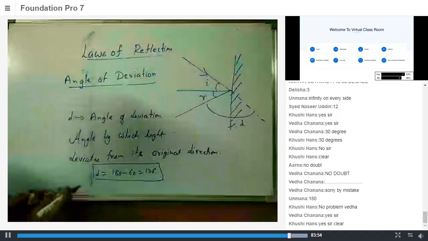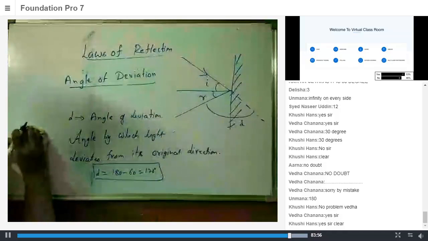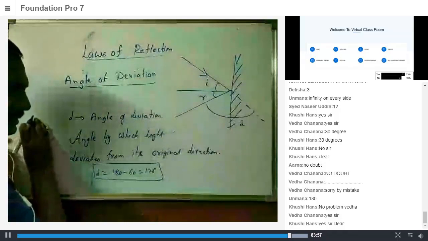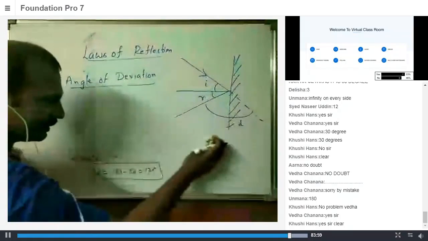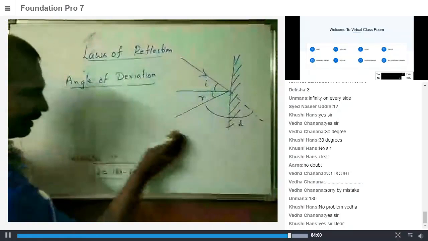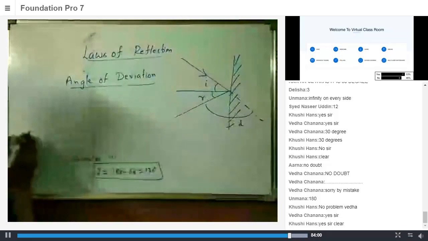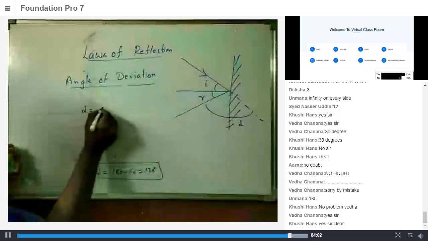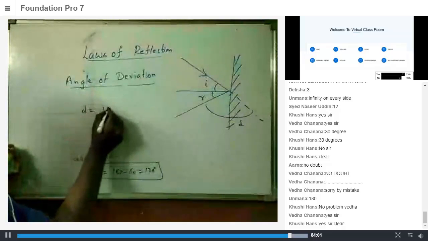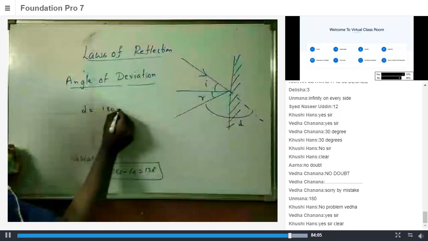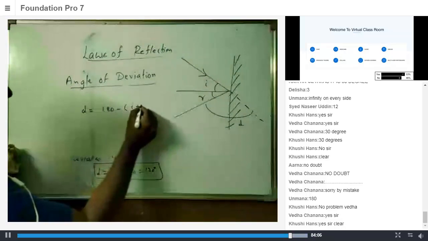Now, what do I know? Can I write D equal to 180 minus I plus R?